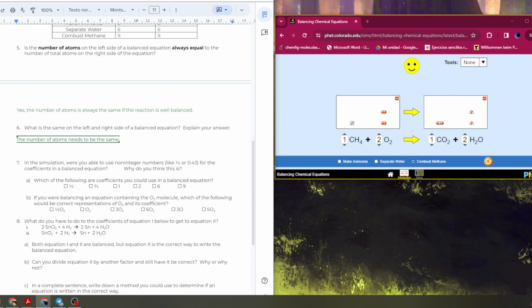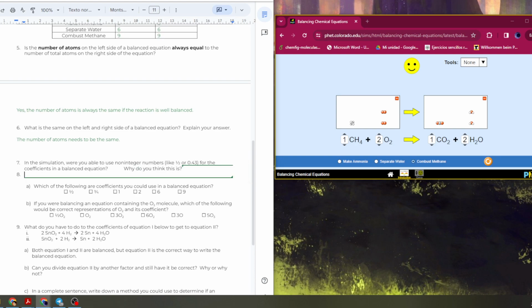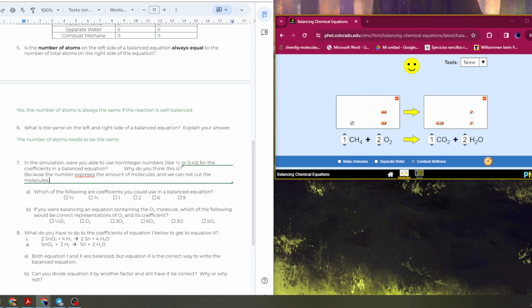I can only have 1, 2, 3, okay? Solo números enteros. So, this is why. Because the number expresses the amount of molecules and we cannot cut the molecules.